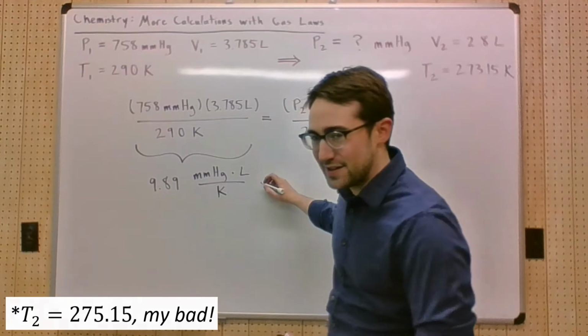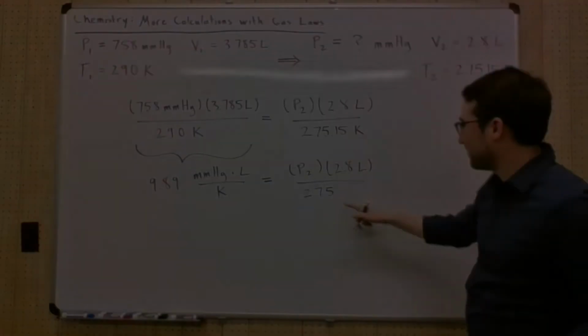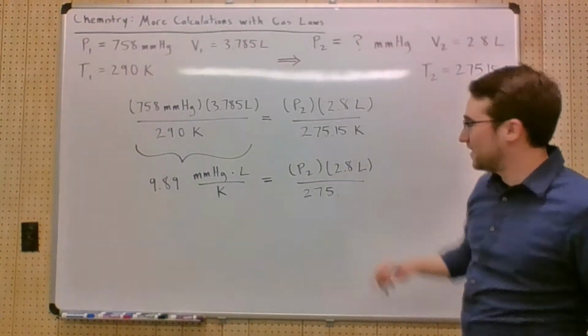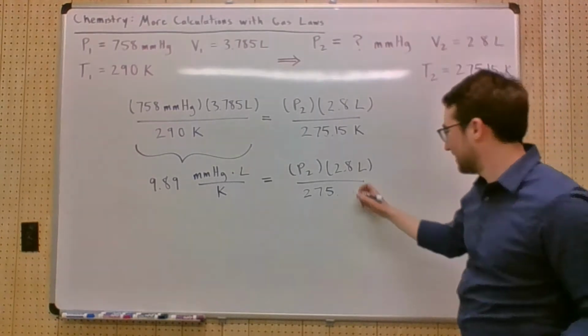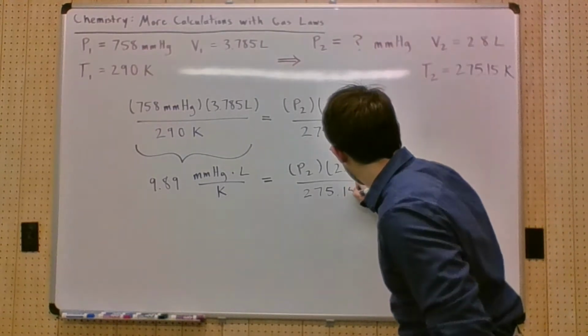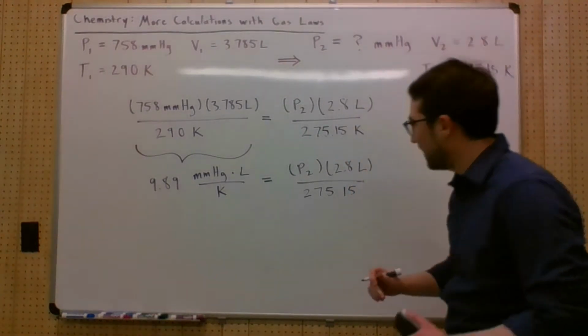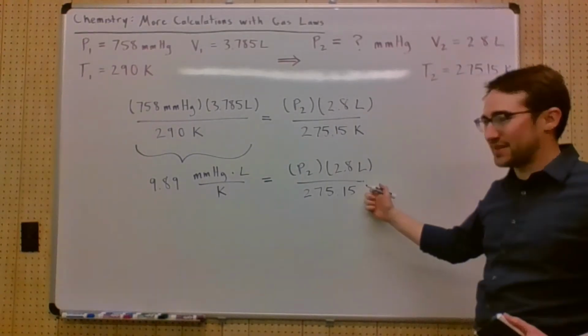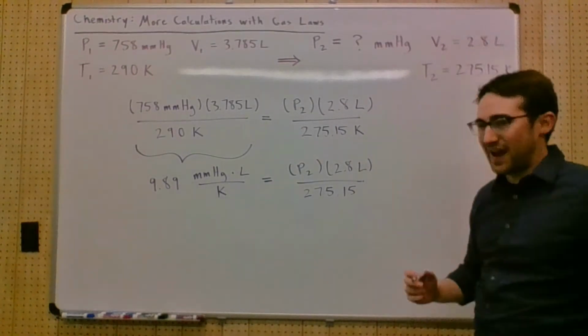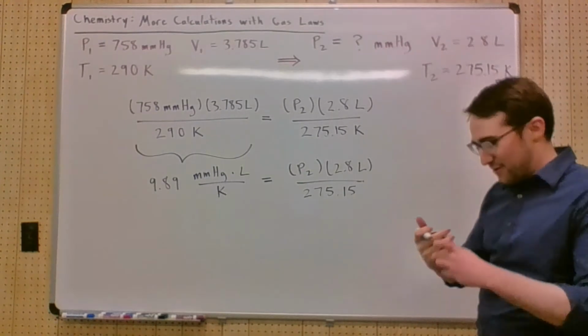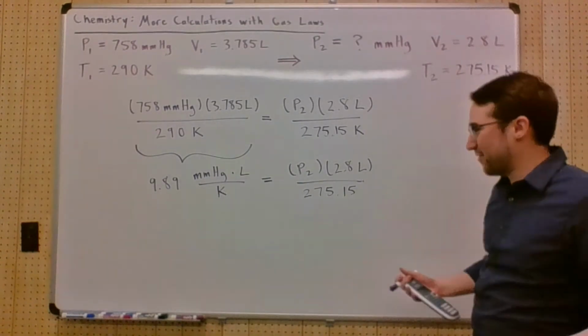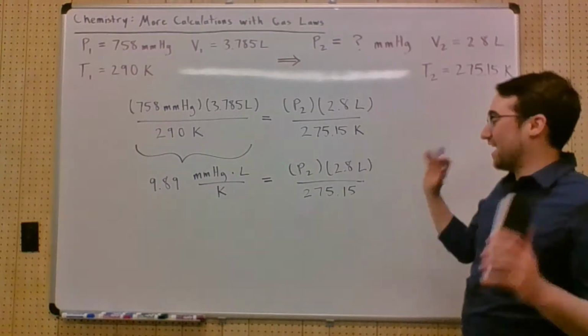We're going to write the rest of this back out. Okay, so if I want to get P2 alone, I'm going to have to get rid of these. So to cancel them out, I've got to do the opposite of what I'm doing over here. And this is where sometimes it can get tricky. When you get to this point, you're halfway through, sometimes you just look at this and you're like, nice, okay.